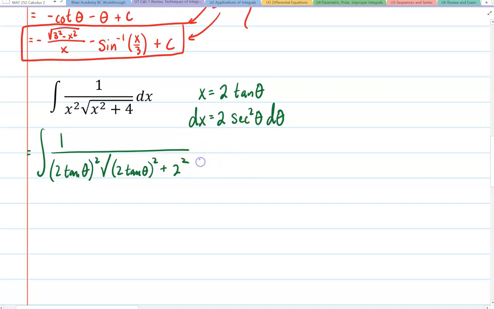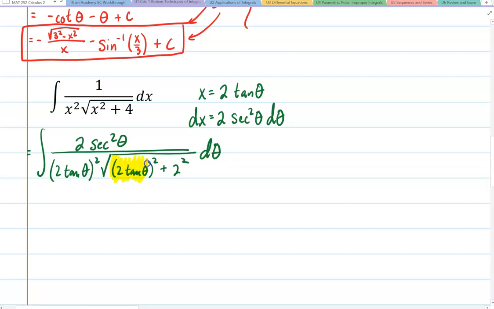Now we're not going to report this in terms of dx, we'll write it in terms of d theta. And dx, well, let's just go ahead and report it up here. It's going to be 2 secant squared theta d theta. Okay, so the substitution's been made.